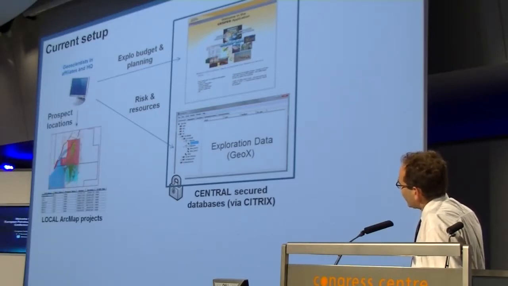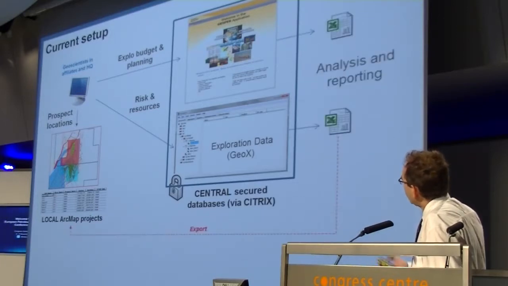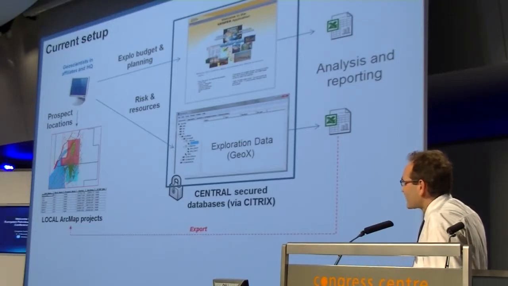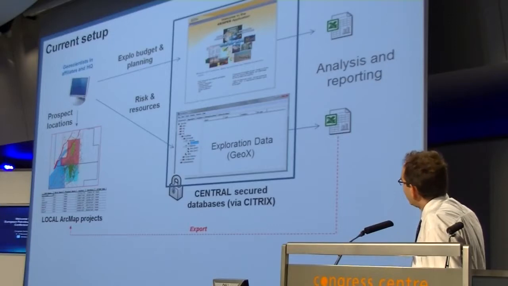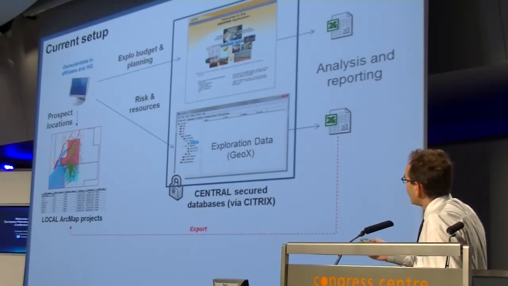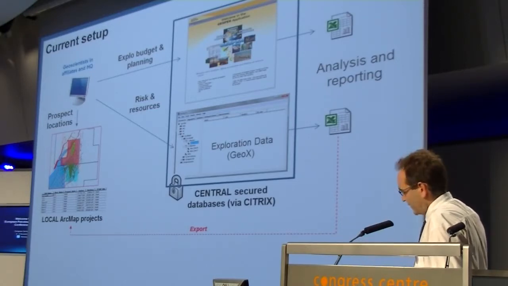And prospect locations are currently stored in local ArcMap projects in affiliates. Of course, people are able to export the data to Excel, which remains the most used tool for analysis and reporting, and afterwards we can of course reload some attribute data into their ArcMap project to do the spatial analysis.